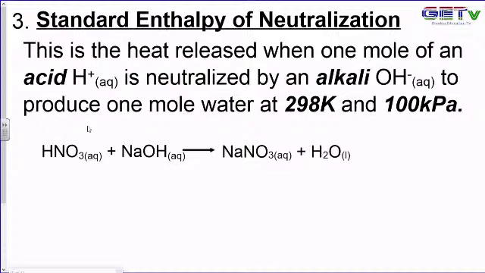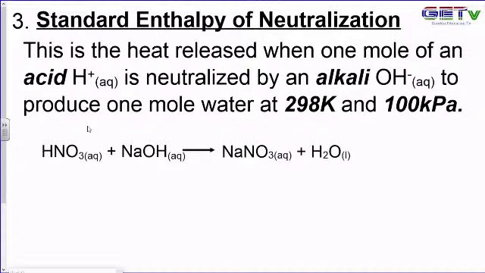Again, the 298 Kelvin is for the temperature and the 100 kilopascal is for the pressure. These are the standard conditions in which standard enthalpy of neutralization can take place and 1 molecule of water will be successfully produced.